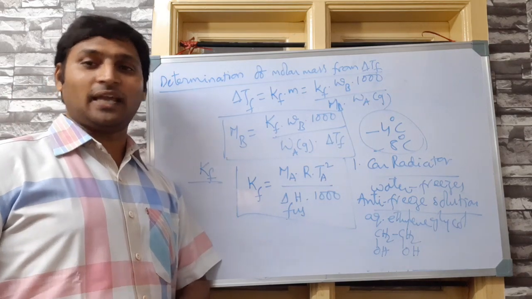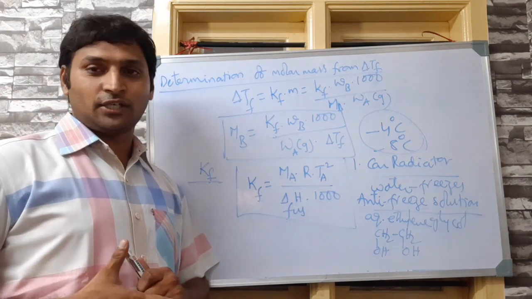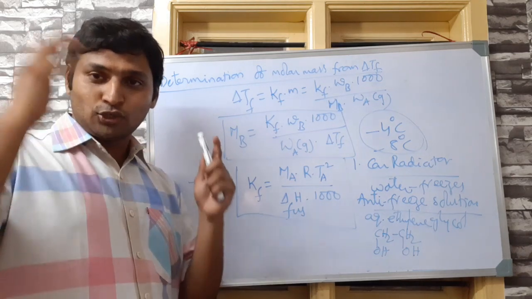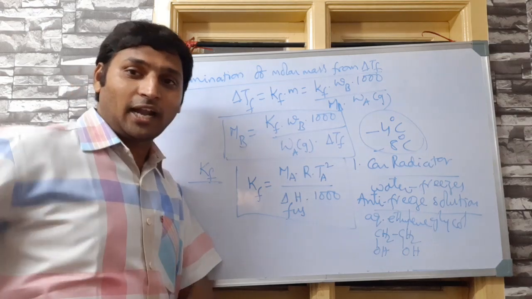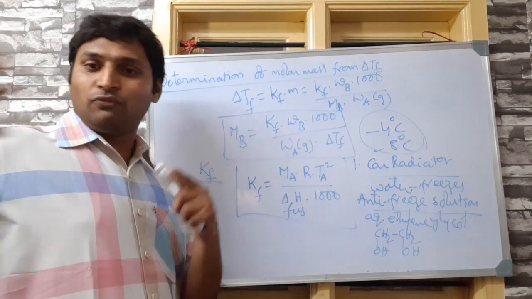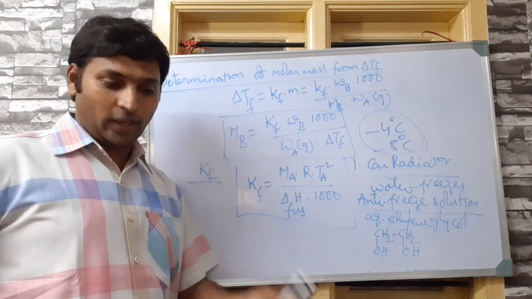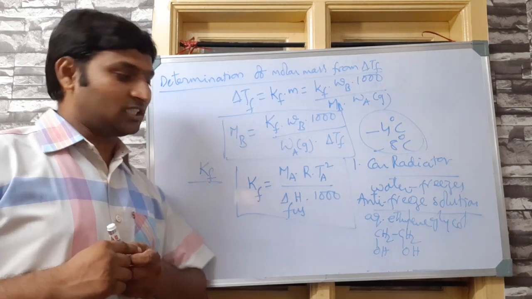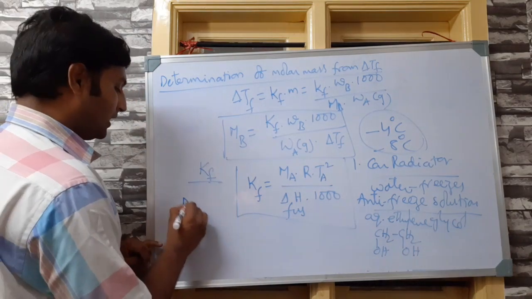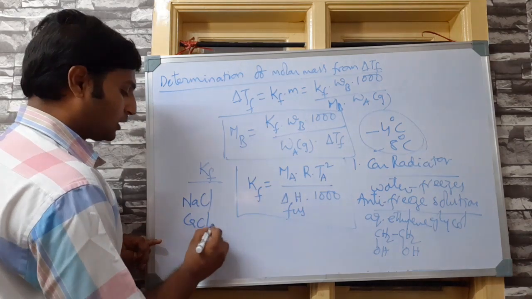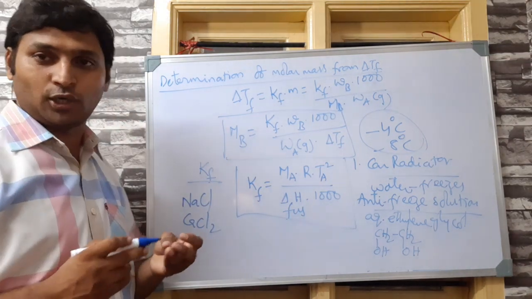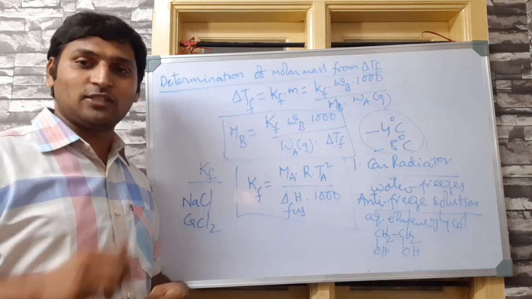Another very important application, again same in cold countries like America, where winter comes, snowfall happens, the workers will be going around the roads and removing the snow for hours together for vehicles to move freely. In such cases, what they do, they spread or throw electrolytes like sodium chloride or calcium chloride onto the roads. Because of this, what happens?